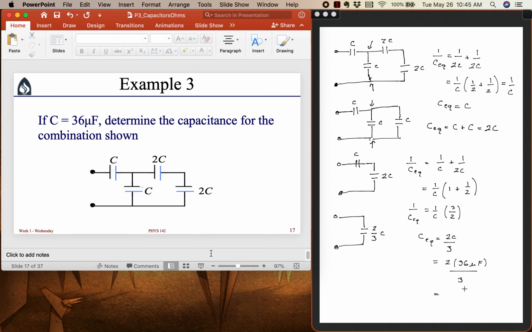So 2/3 of 36 microfarads is going to be equivalent to 24 microfarads. So 24 microfarads is the equivalent capacitance for the capacitor combination that is shown for this entire circuit segment.